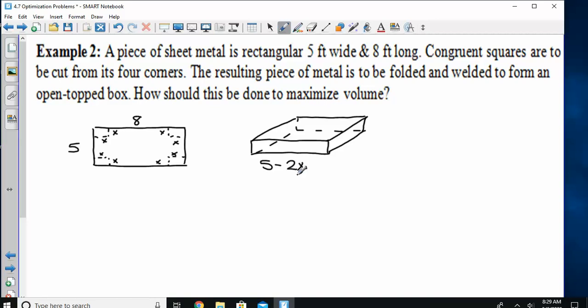So I took off X here and X here. So now it is 8 minus 2X. The height of the box. These folds are made on that tab that's left. The height of that tab is what? X is the size of the square we removed.